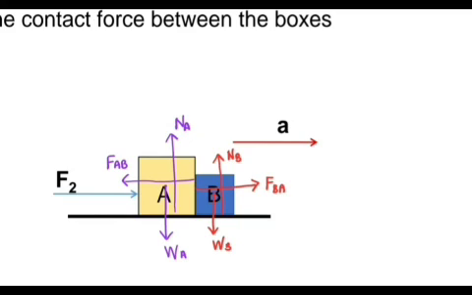Here, FAB and FBA is action and reaction force. They have same in magnitude, but opposite in direction. Next, we will transform all of these forces into free body diagram.